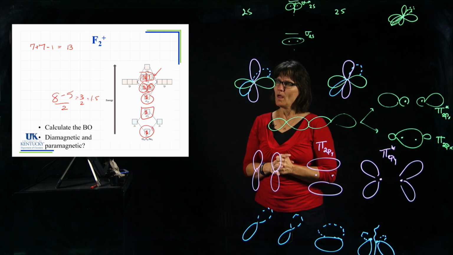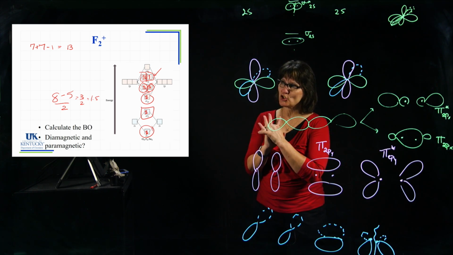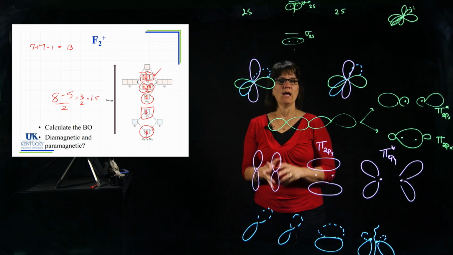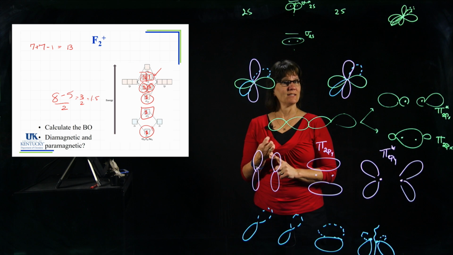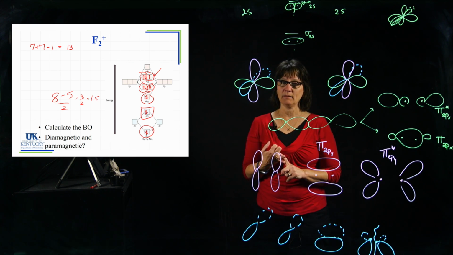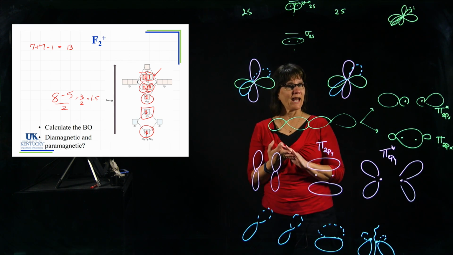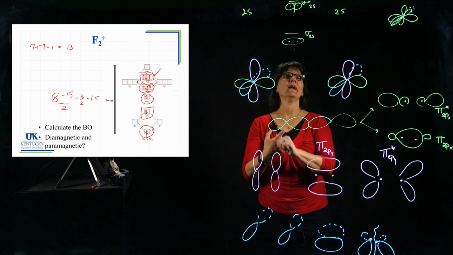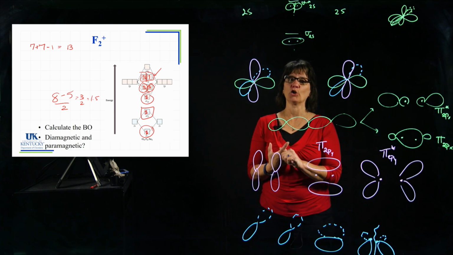And the things you can determine from molecular orbital theory are how many bonds it has, that's the bond order, and whether it is paramagnetic or diamagnetic. And then you can compare atoms to their ions and establish which one is more stable. It's more stable if it has a bigger bond order.